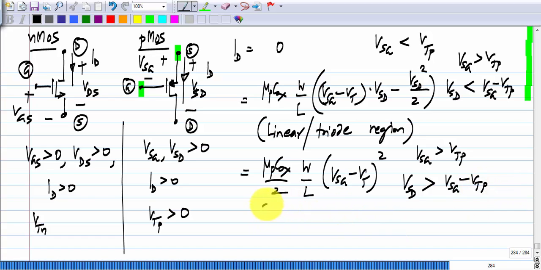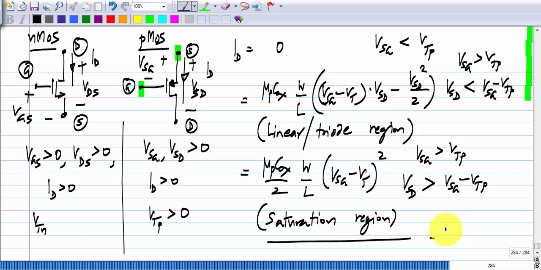That is, this corresponds to the saturation region. So you can see that the model looks exactly the same. The only thing is the parameters are different. VTP could be different from VTN and mu p Cox will be different from mu n Cox and usually substantially smaller.